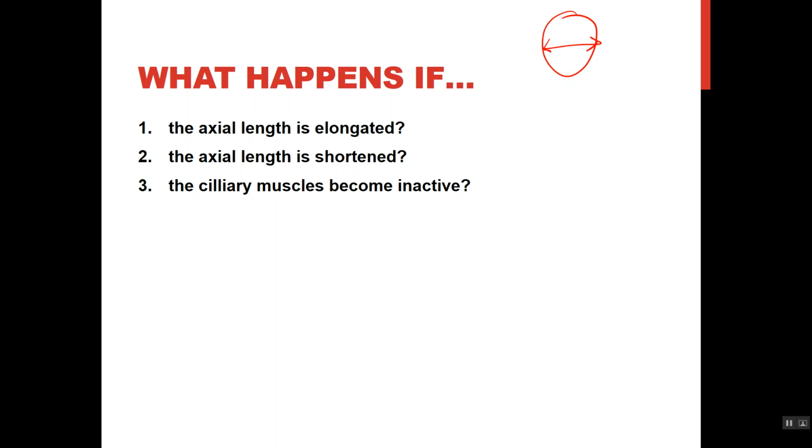When the length is elongated, let's go to the next slide. All right, so we're going to talk about myopia first, and this is where your eye is elongated. Axial length is elongated. So what's going to happen is you're going to have your eyeball.